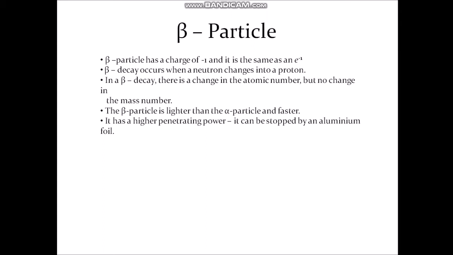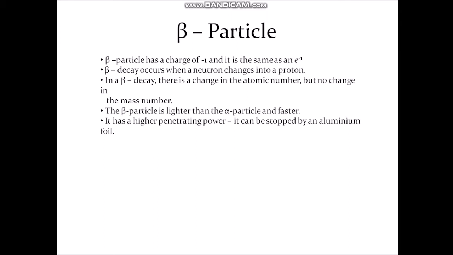So you initially had one proton, and after the beta decay the daughter nucleus will have 2 protons and 0 neutrons. And this will form a helium atom. In a beta decay, there is a change in the atomic number, but no change in the mass number.